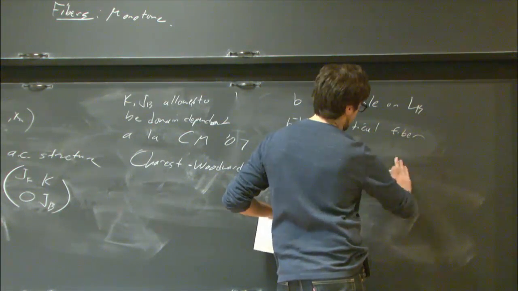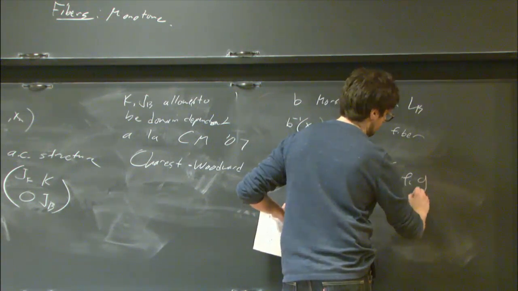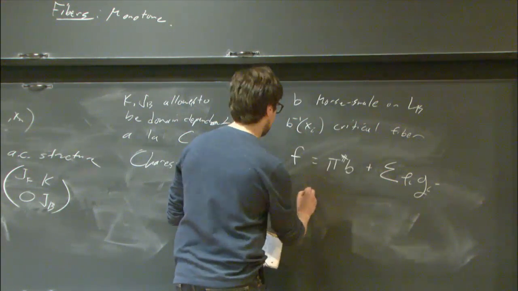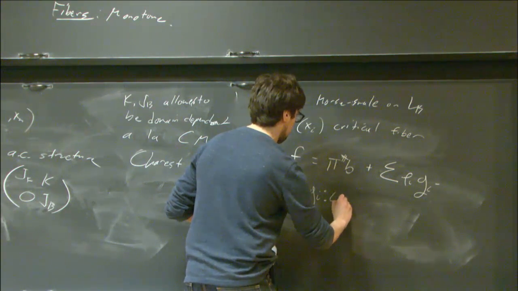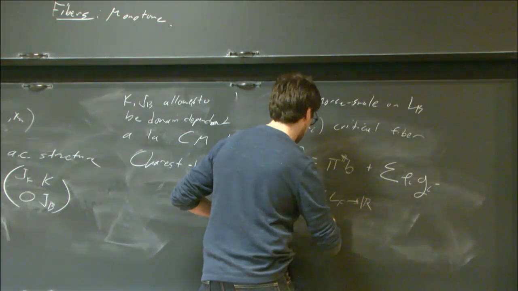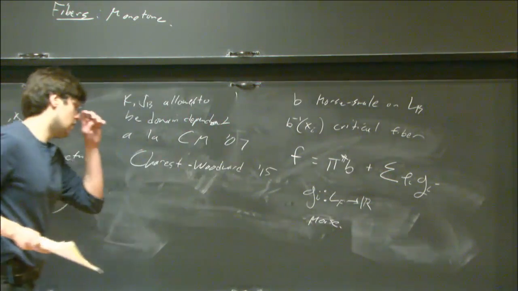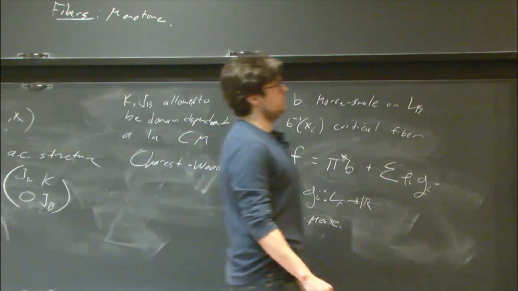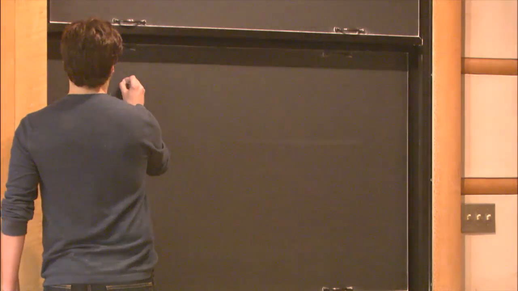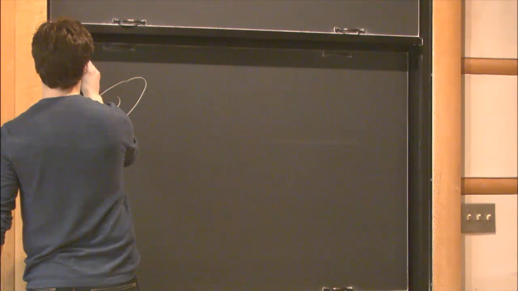In a neighborhood of each critical fiber, you multiply by a bump function times some Morse function G_i from L_F to R. So say you have a torus, and then circle fibers.